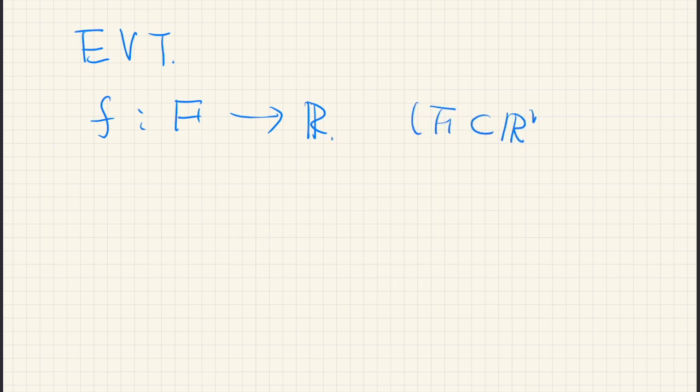The other theorem is the extreme value theorem. It says that a continuous function f is a function from some domain F to real numbers, where F is a subset of the n-dimensional Euclidean space. We assume F is also bounded and closed.